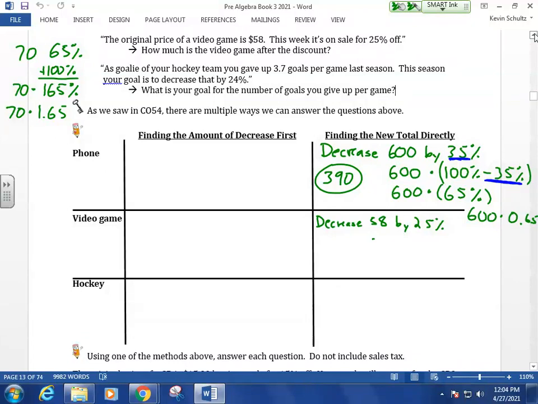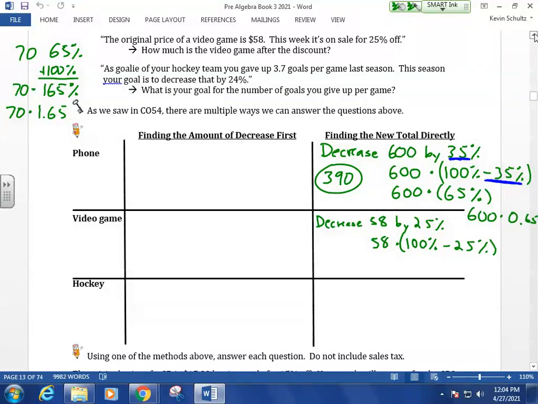If we paid full price for this game, we would pay 100% of the price, correct? If there's no sale, you pay all of the $58, 100% of it. But there is a sale, so we get to take 25% off of 100%.